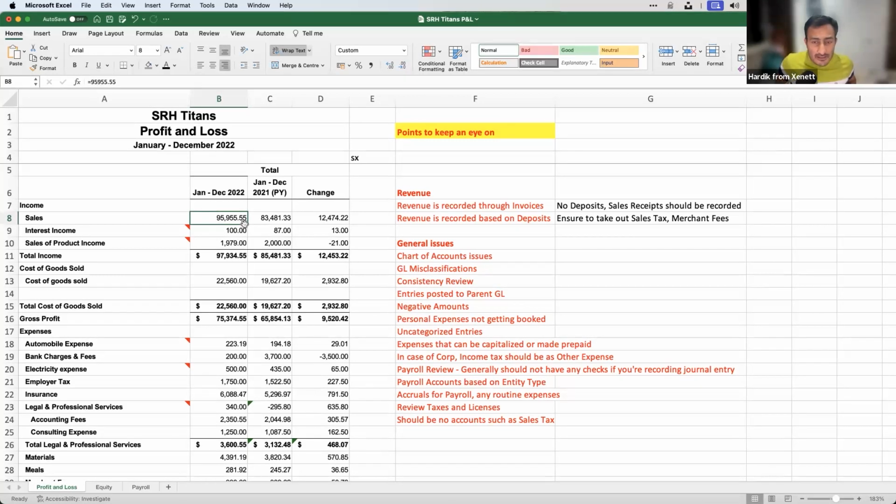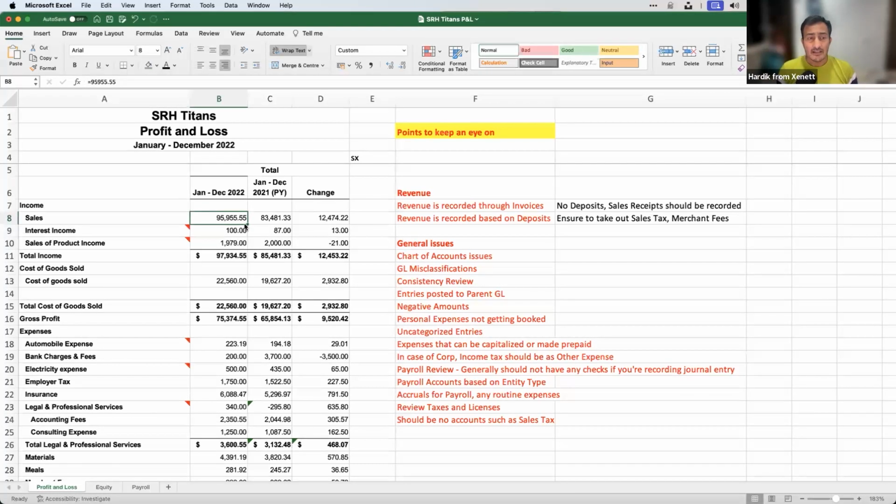So number one, the deposits that we are recording here could also include the sales tax that we may have collected, right? In this case, we make some adjustments to take the sales tax out of this revenue and then put it on the balance sheet. Okay, so that's one thing that we keep an eye on.